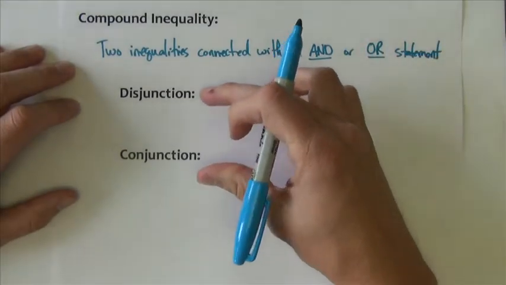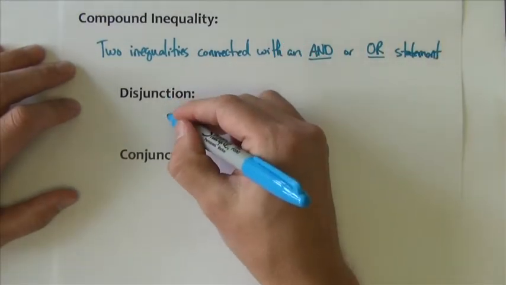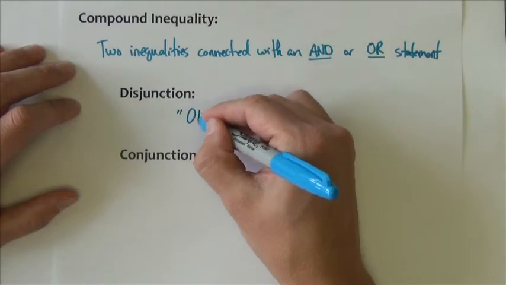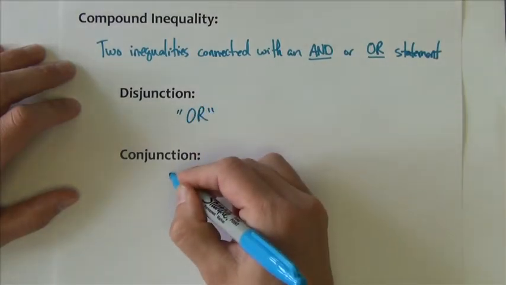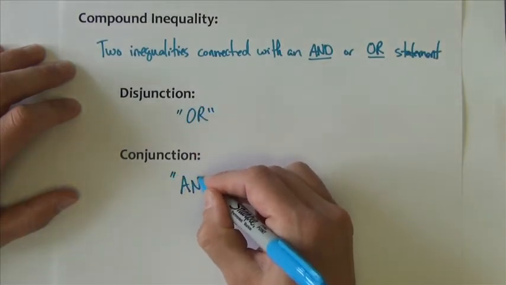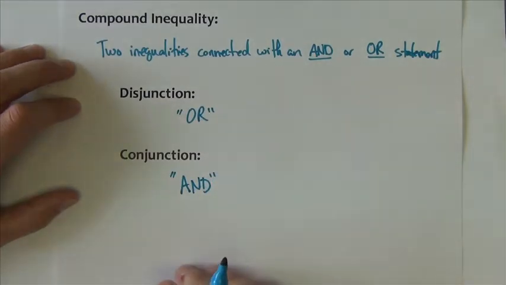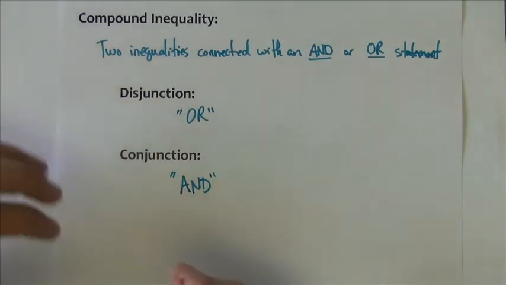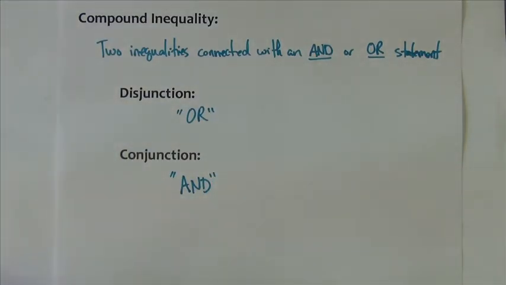So there are two types. They're listed here. A disjunction uses or. A conjunction uses and. Okay, so two types of compound inequalities. And we'll go through a variety of examples and then connect it to absolute value as well.